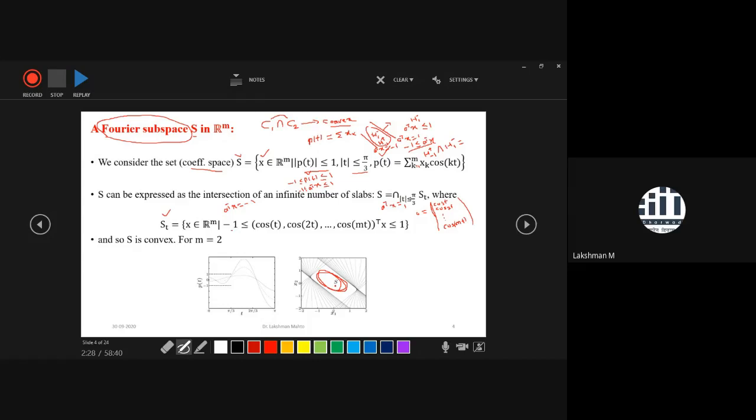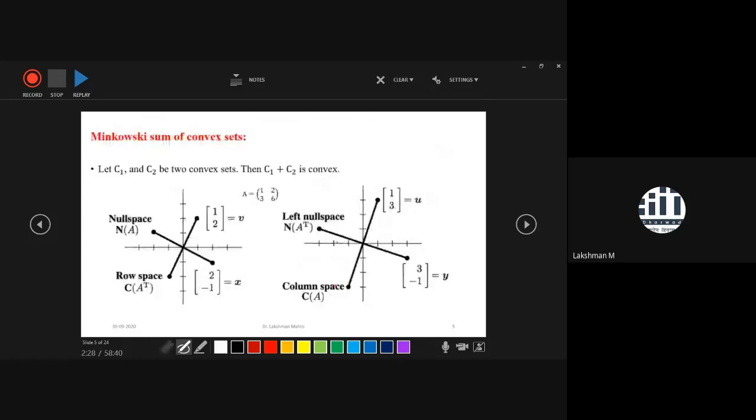It is just the outcome of intersection. Due to intersection, convexity is preserved here. Further, I will talk about taking the sum of two convex sets. If you are taking two convex sets C1 and C2, and you do the Minkowski sum of these two, then again the resultant set is a convex set.